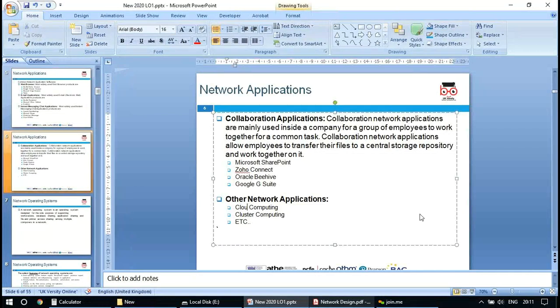And other network applications, when you say cloud computing, cluster computing, utility computing, or pay-as-you-go computing, isn't it? Yes. So these are basically the applications of network. Make sense? Yes, yeah, they do. The good classification and revision of the types of applications.